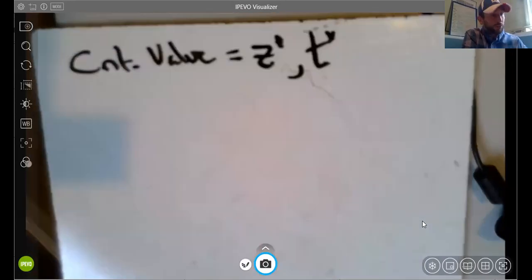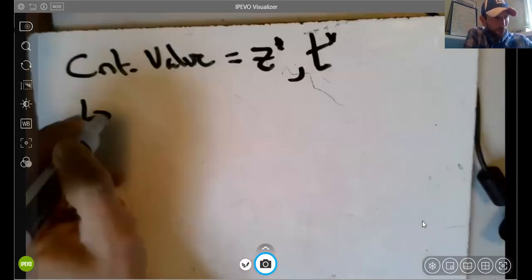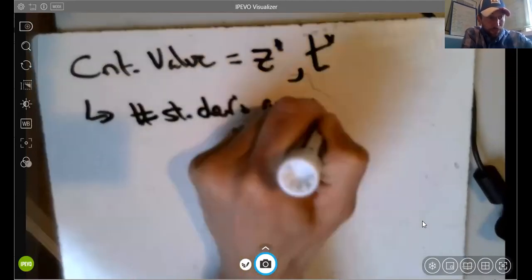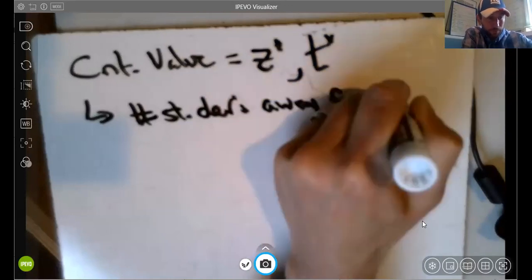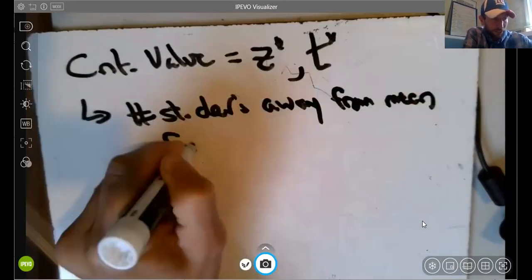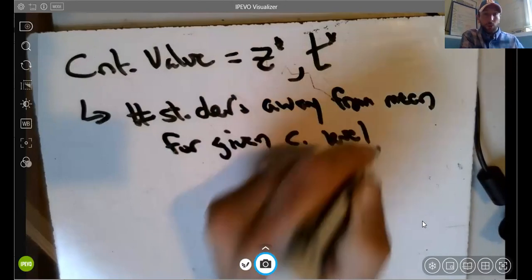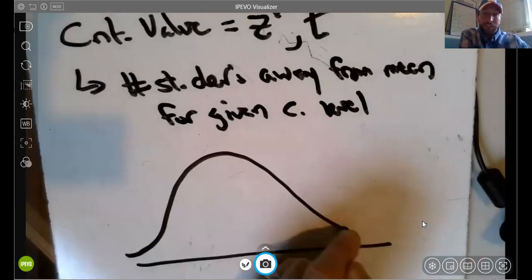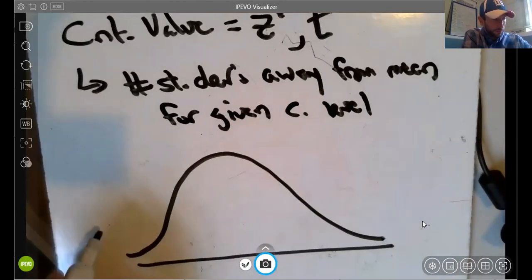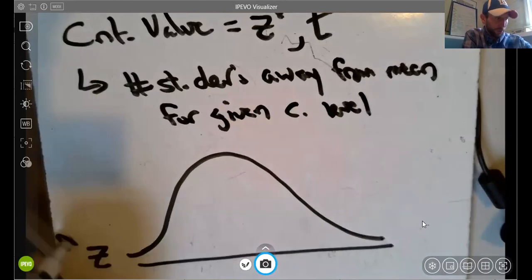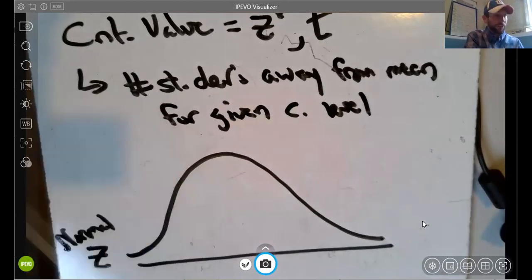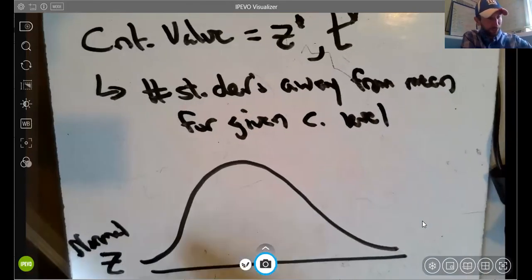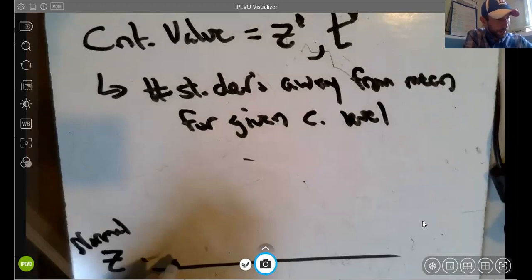And recall that the critical value is like the number of standard deviations away from the mean of a sampling distribution for a given confidence level. Let's say this black curve is a normal model, so Z and normal model are synonymous. It's a pretty bad normal model. I'm going to redraw it.